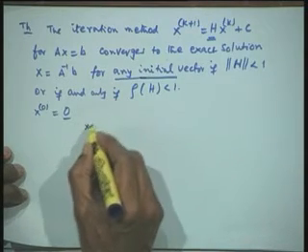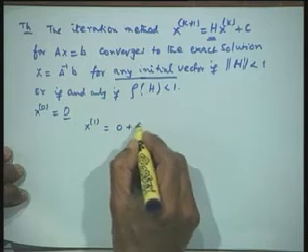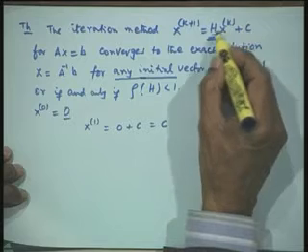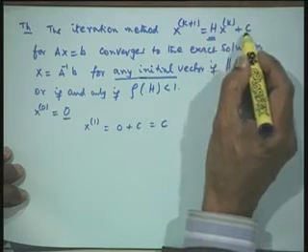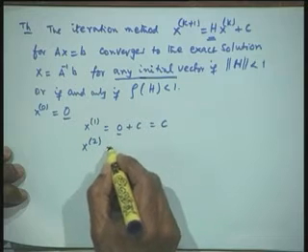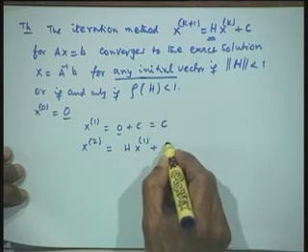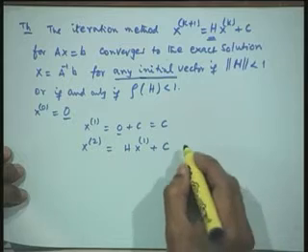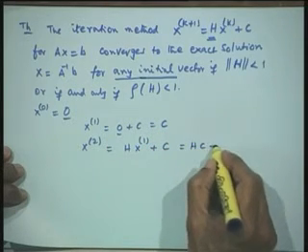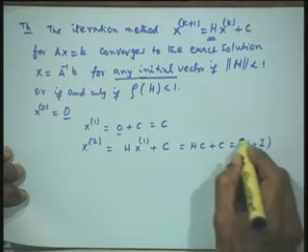Then x 1 will be equal to 0 plus c, that is equal to c. I am substituting x 0 is equal to 0, so I will get here c. Let us write down x 2. X 2 is equal to h x 1 plus c, but x 1 is equal to c, that is h c plus c, that is equal to h plus I into c.